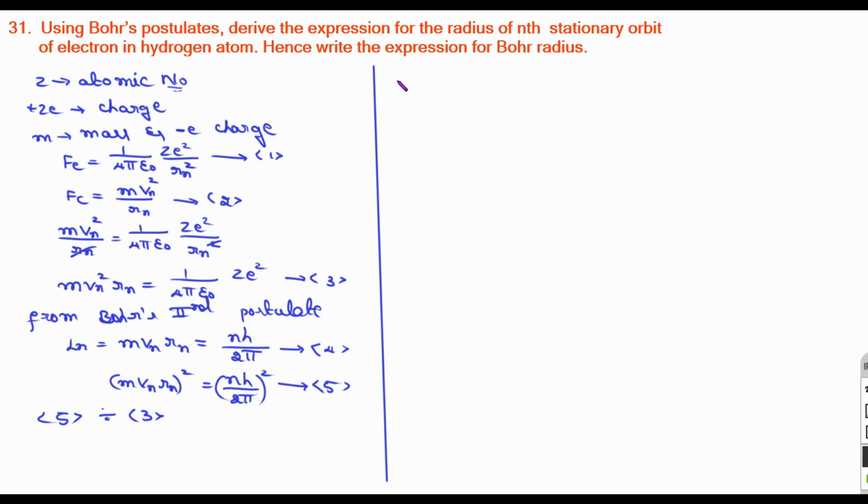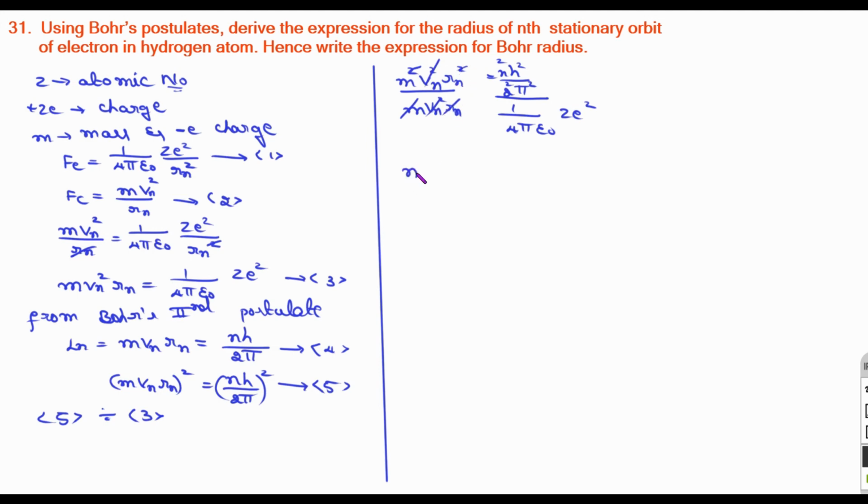So if I divide, I can write m vn Rn whole square, because it is whole square, equal to n square h square divided by 2 square pi square, all divided by m vn square Rn. Here we have 1 divided by 4 pi epsilon naught Ze square. So m goes, vn square goes, one Rn goes.